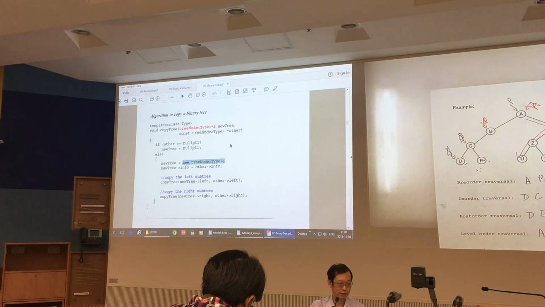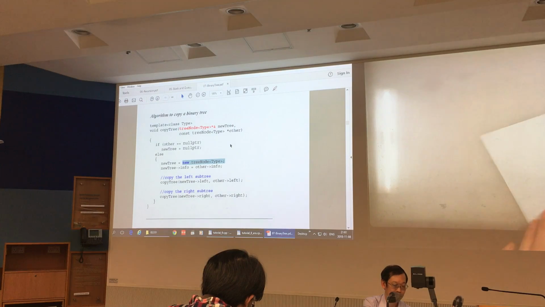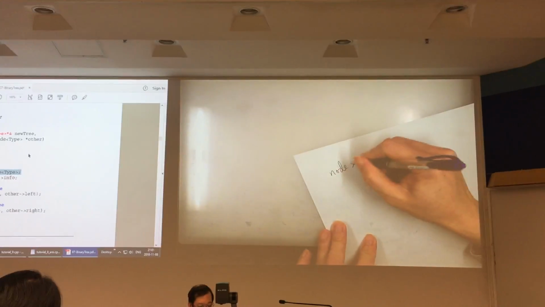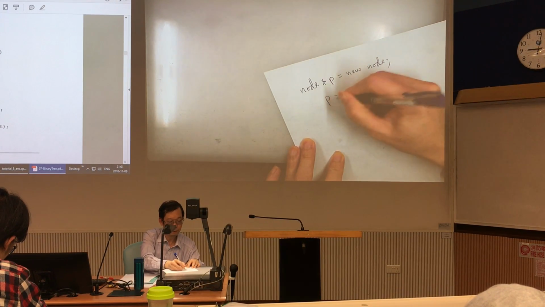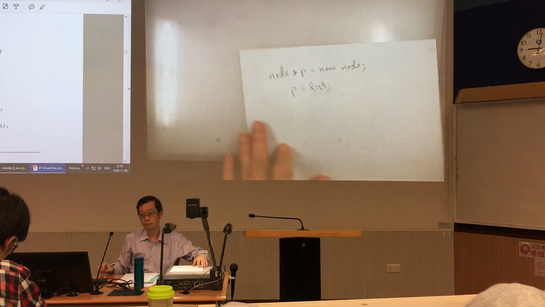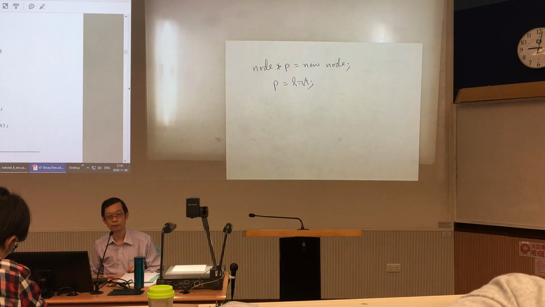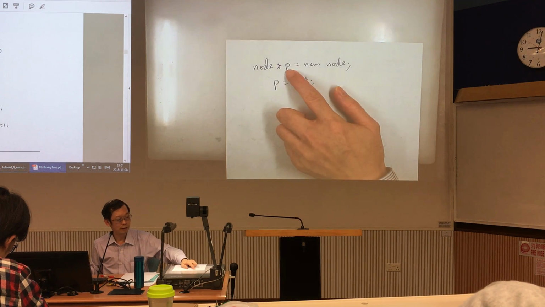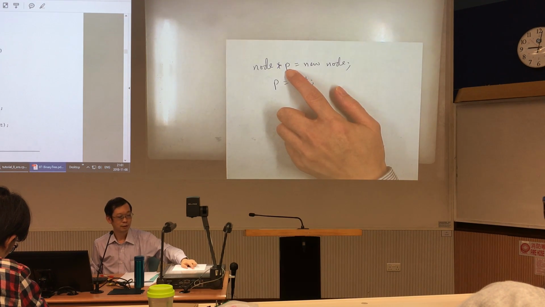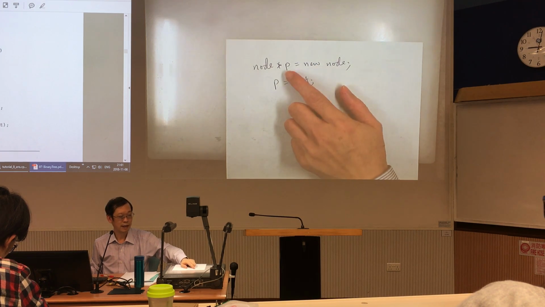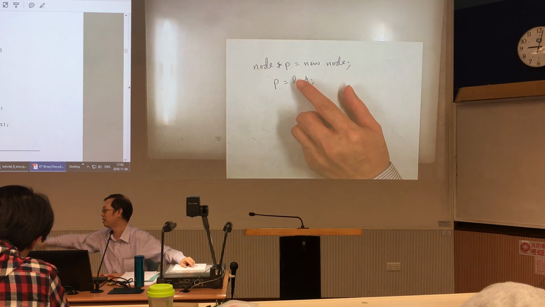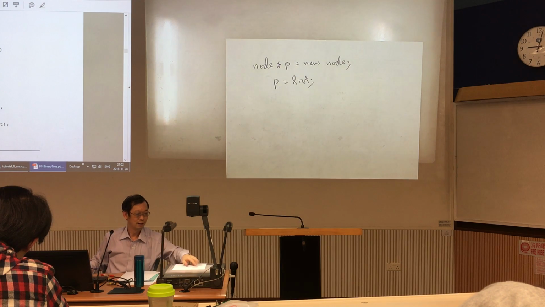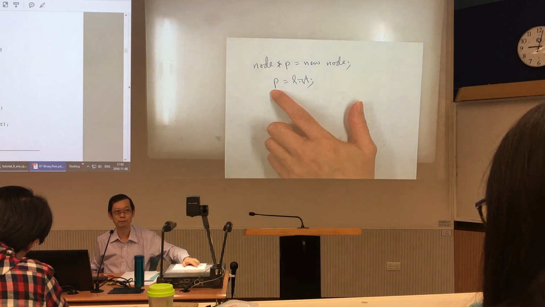In the test, very often I saw students have these two statements. You define a pointer variable P, create a new node, set P to point to that new node, and then in the next step, forget about this new node. You assign another value to the variable P.